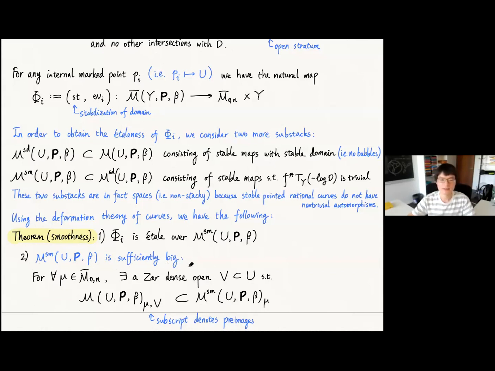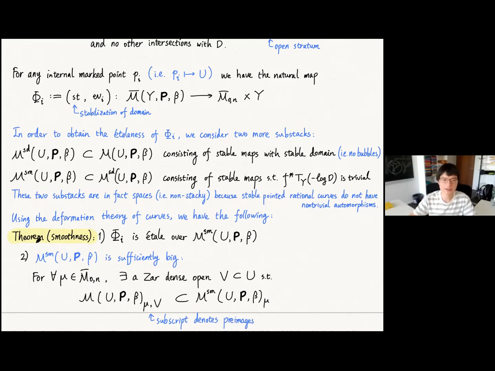It's not only dense open inside MUP beta, the good moduli stack, it's actually dense open over every fiber mu.